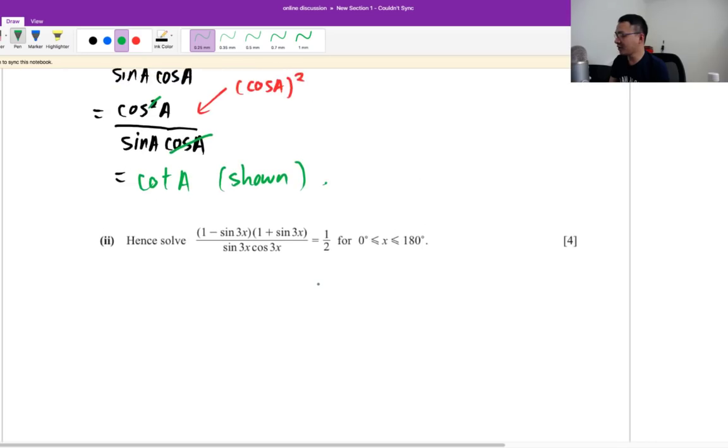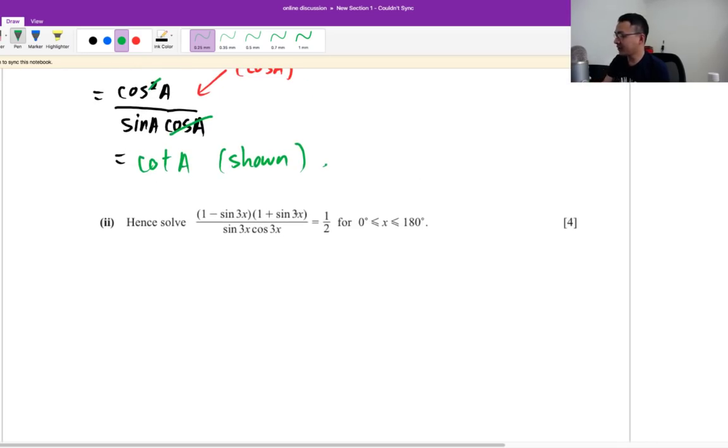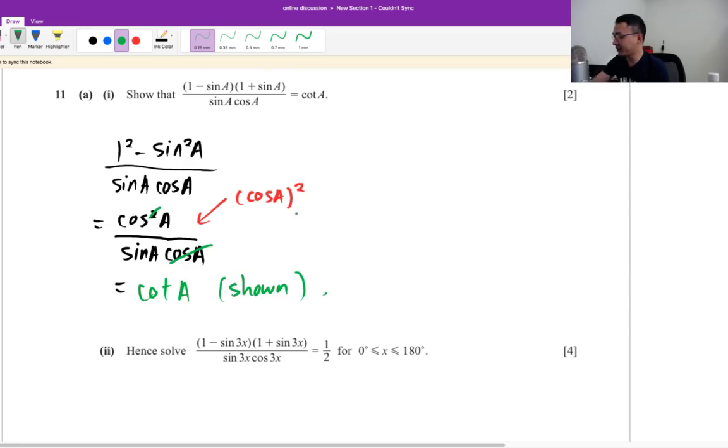Hence, solve this one. We know the whole thing is basically very, very similar. The only thing changed is all the A here changed to 3x. Do you see that? So that means if I simplify, I actually get cotangent 3x equals 1 over 2.